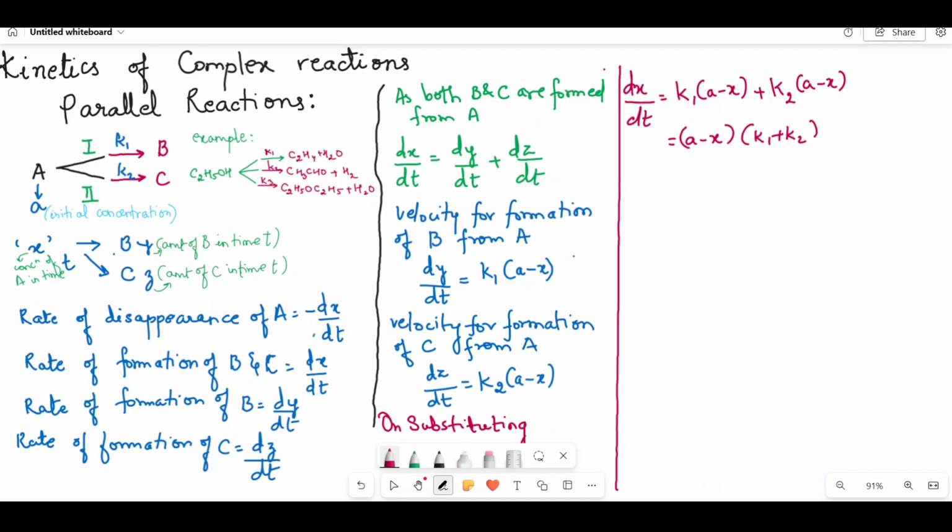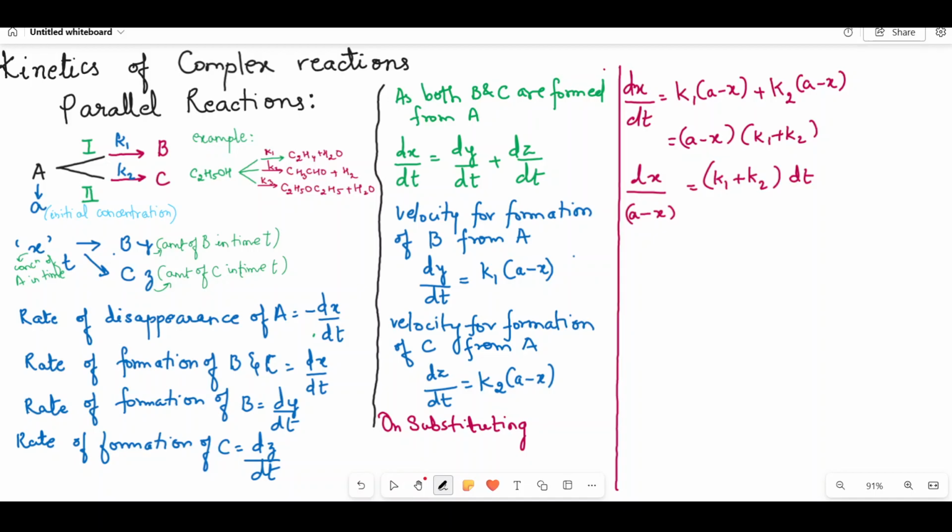Or when we bring this term on this side, we can say dx by (a minus x) is equal to (k1 plus k2) dt. k1 plus k2 is nothing but k.